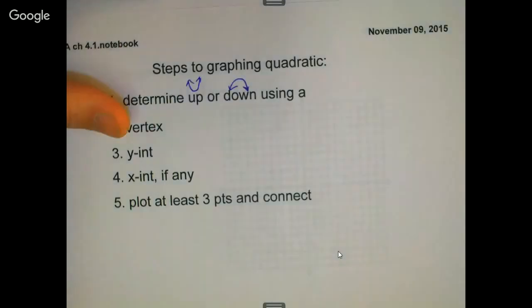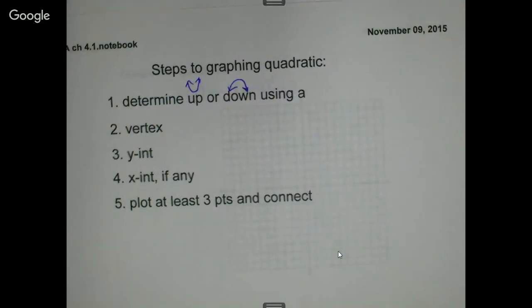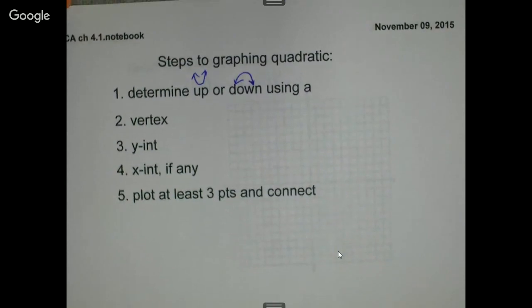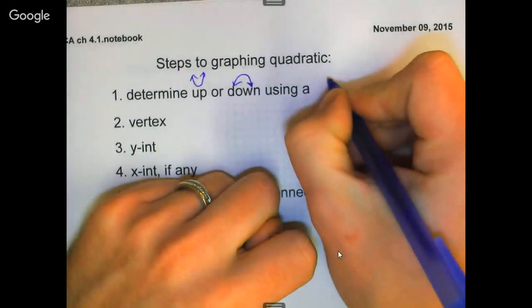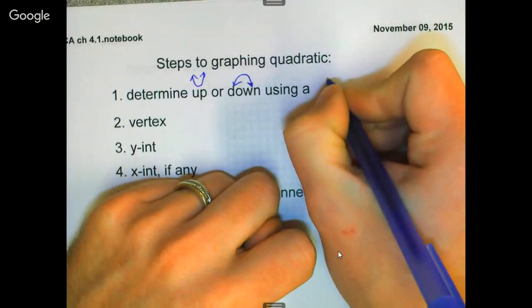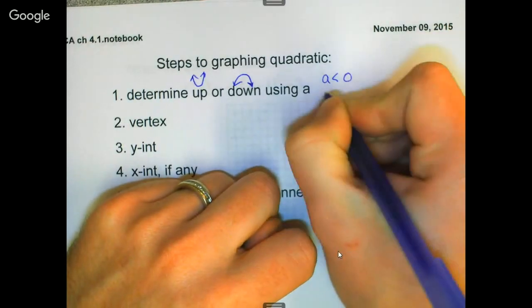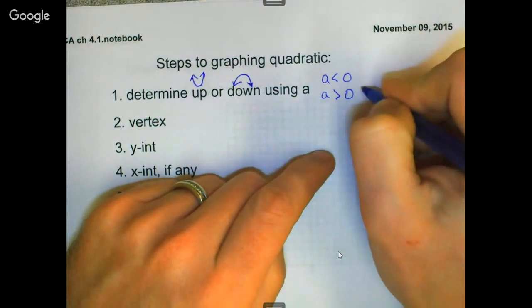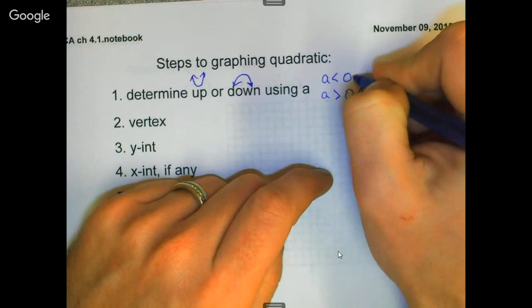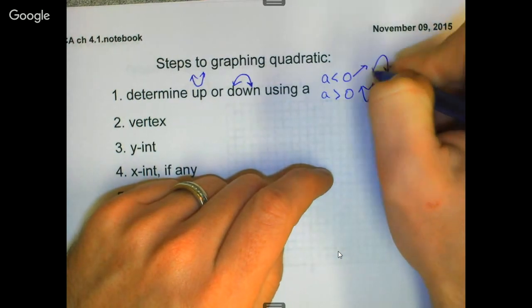If you don't know that song yet, make sure you look it up on YouTube. So using a: if a is bigger than 0, it's going to go up, and if a is less than 0, or negative, it's going to go down.